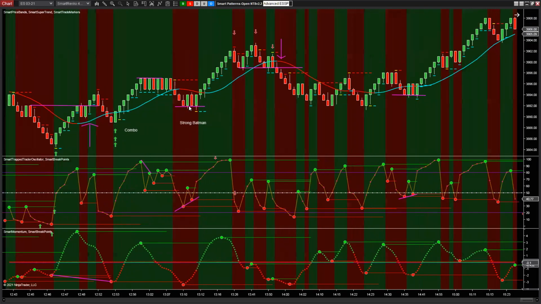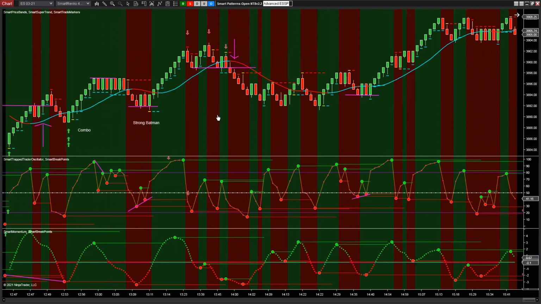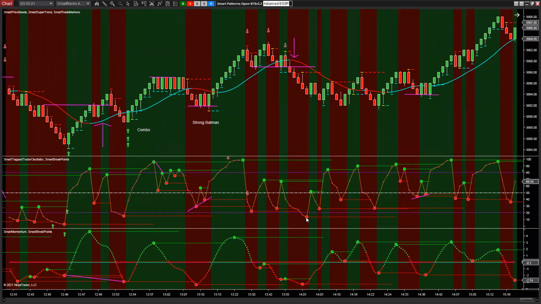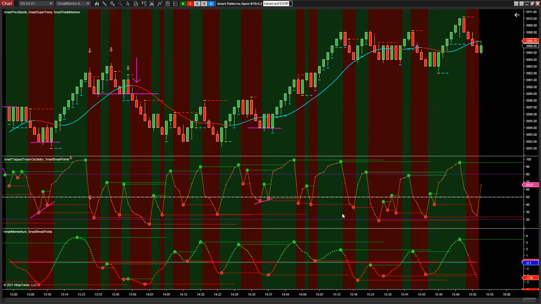And here's a strong Batman. It's the opposite: green, red, green, type 1 divergence. Huge advantage for getting in the market here. And it goes up. And of course, you can see we had another one brilliant there, and then one here at the end of the day. So that's the Batman, Trap Trader Oscillator in an extreme. If this dot is higher than the last dot, then it's most likely to continue up.